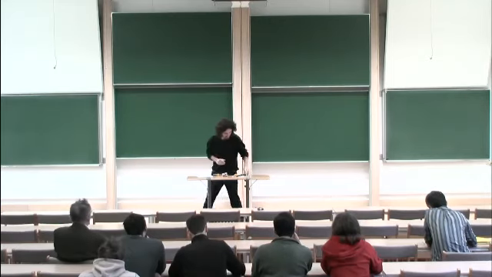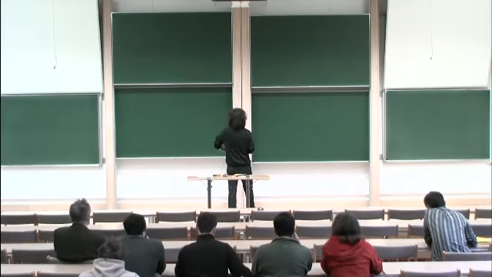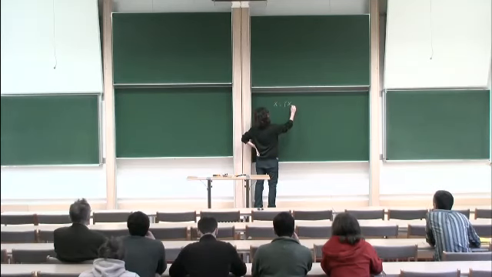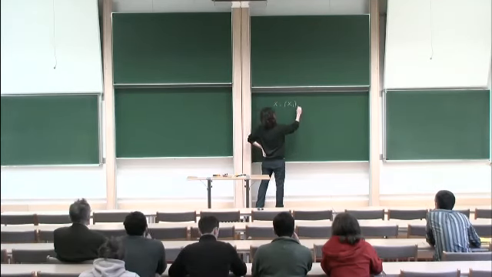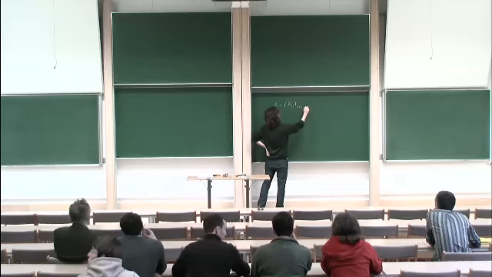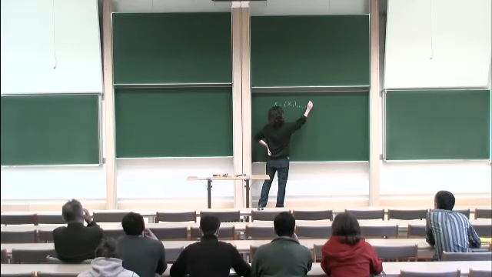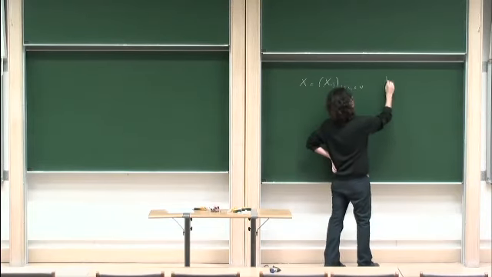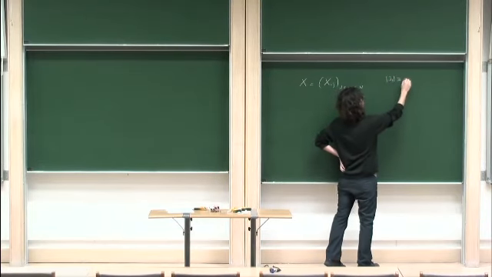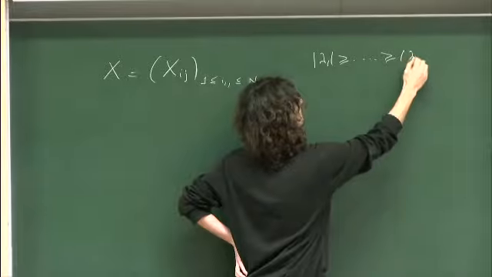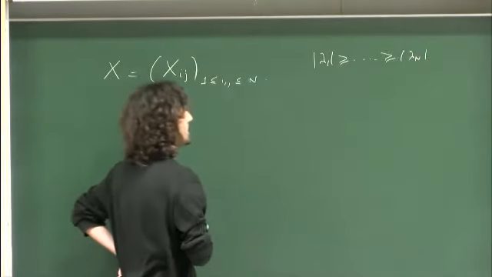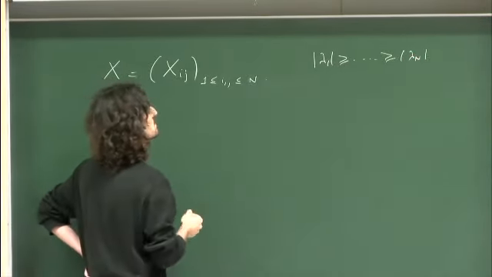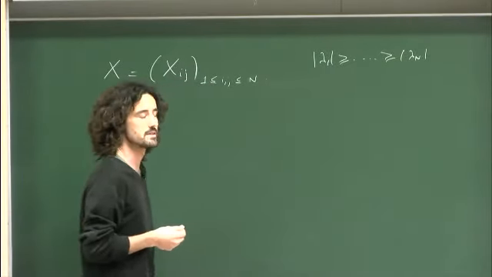So what do we talk about? We consider an n by n matrix X. And counting multiplicities, we will look at its eigenvalues. What will also play an important role are the singular values of this matrix.